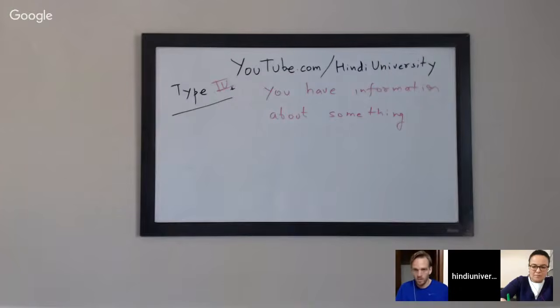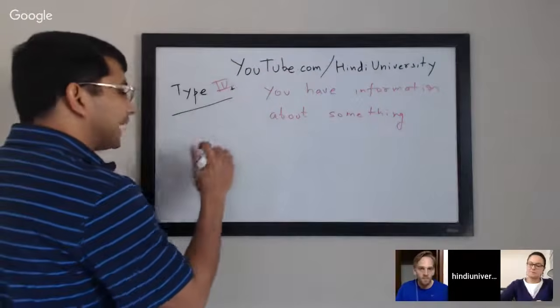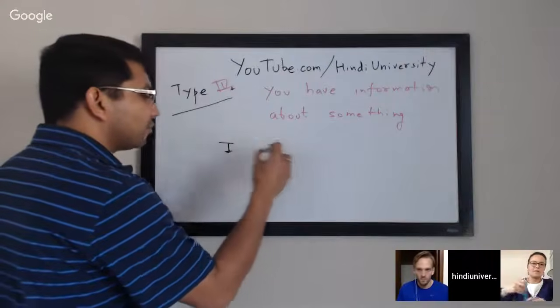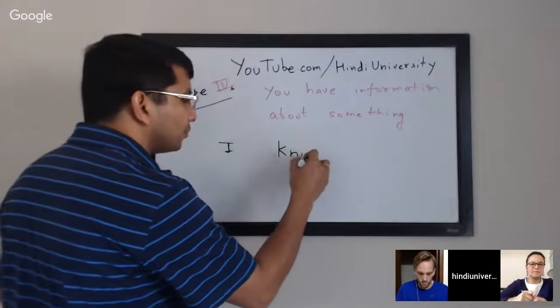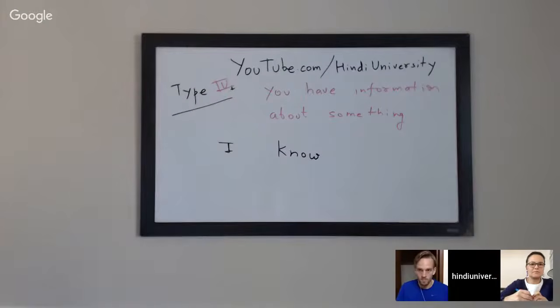Let's say, and this is straightforward, but I want to really use the applications around it. So you want to say I know. Just say as simple as I know.